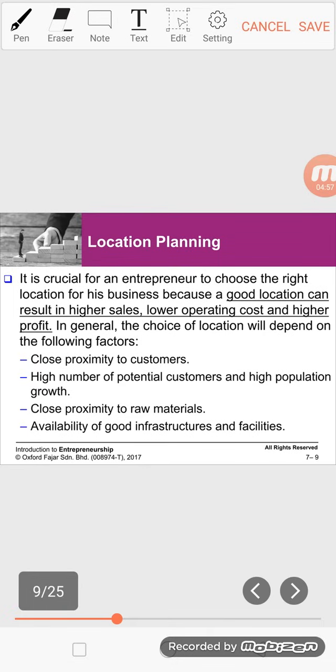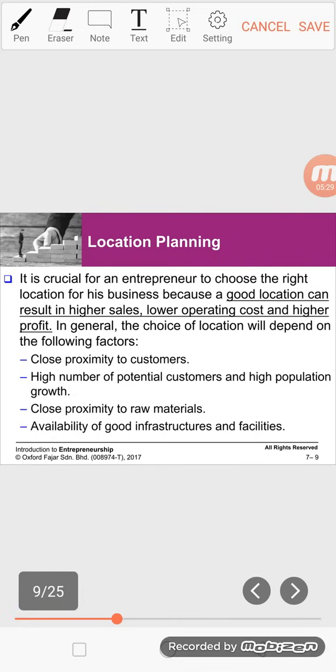For example, it's good if we are at EduHub, because we have 4 institutions there, so the number of students is very large. So if entrepreneurs, for example, want to do food delivery, open a restaurant, or open a printing store, that is a good location because students definitely need food and also printing services.